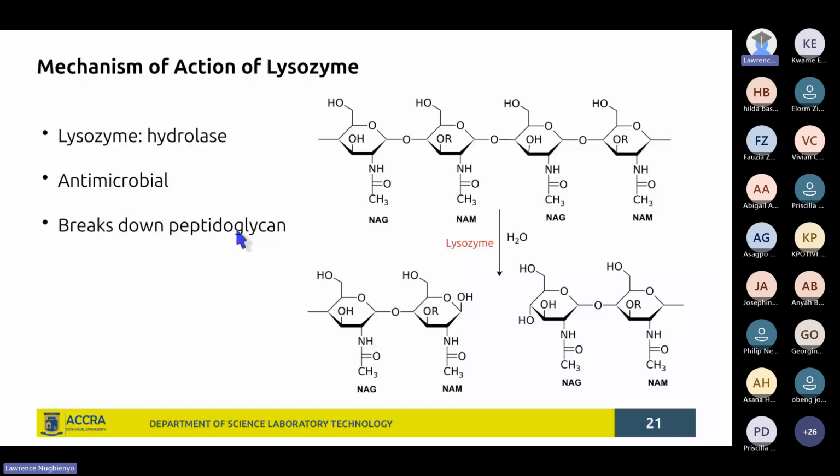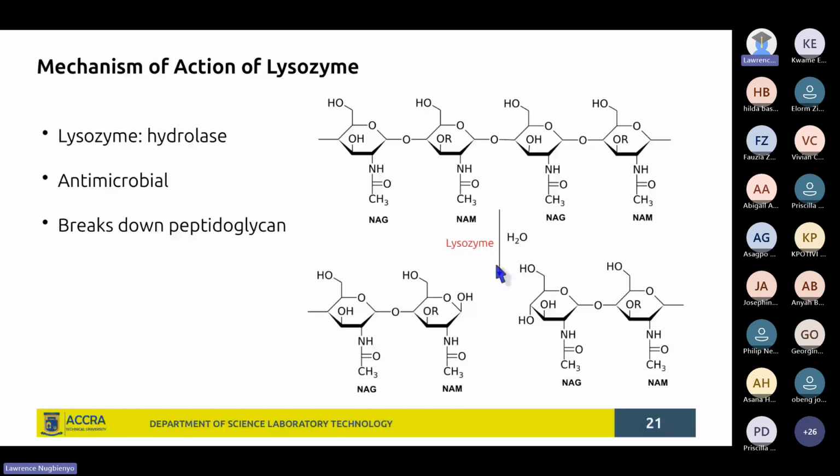And it is this glycosidic bond between the N-acetylmuramic acid and the N-acetylglucosamine that is to be broken, and that bond will be broken by hydrolytic action. That hydrolysis, that process, is catalyzed by a lysozyme.